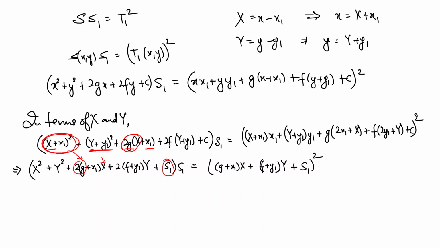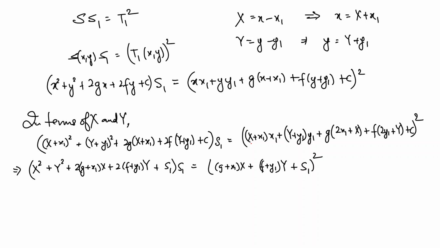We have got an S1 here also, just out of this c. Is it possible? No. You are getting an x1 squared from here, a y1 squared from here, a 2gx1, a 2fy1, and plus c, that makes up for this S1. And similarly on the other side, you can explore what is happening here.